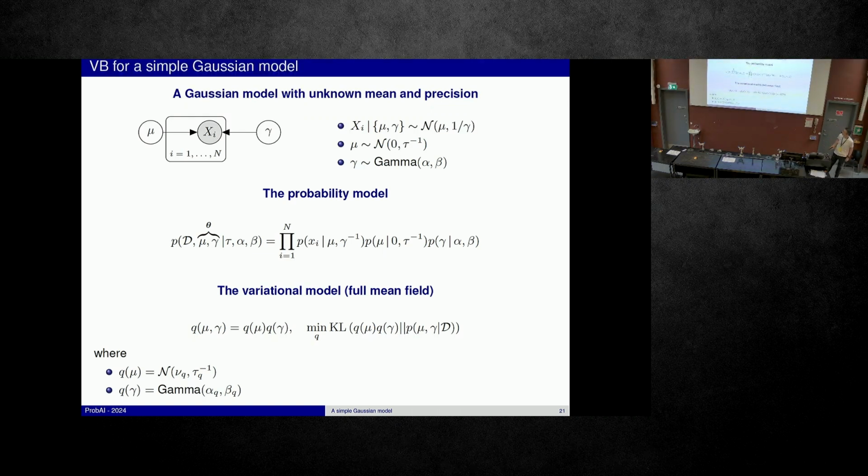And we also assume, very conveniently, that our variational posteriors fall in the same model classes as our prior distributions. So we posit this general class of distributions where we assume our variational distributions live. For mu, we assume that the variational posterior is also a normal distribution with some variational parameters to be optimized.